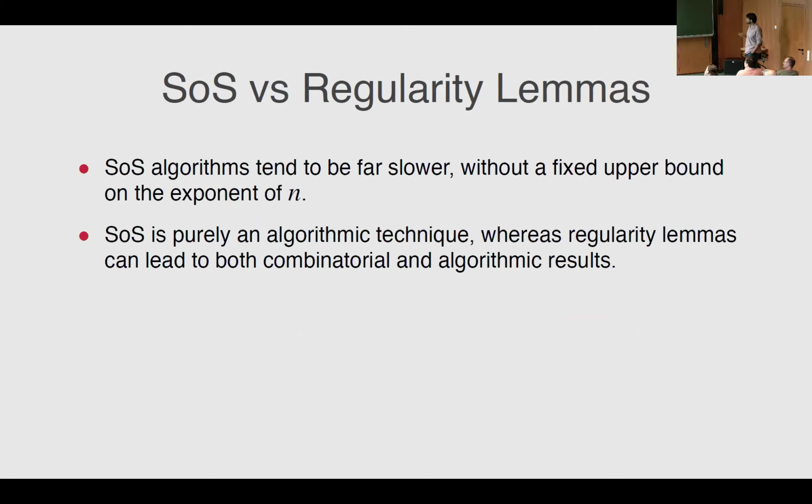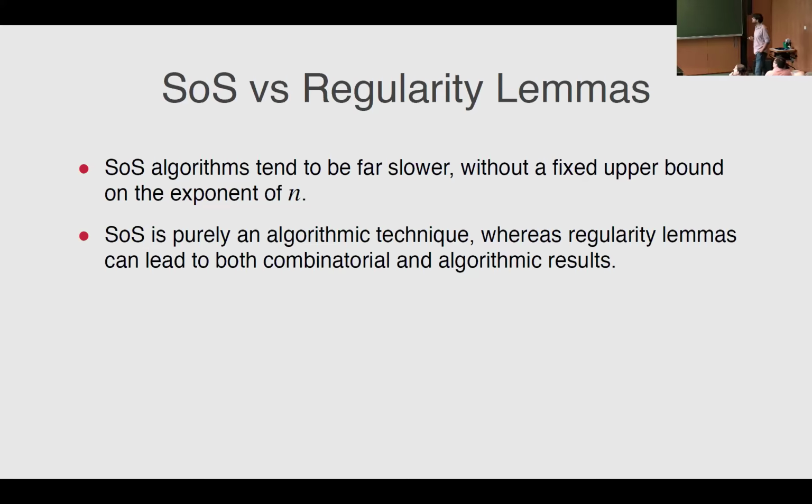SOS is mostly an algorithmic technique, but regularity lemmas can lead to both combinatorial and algorithmic results. If you're using SOS, that's only for the algorithms. But the regularity lemma seems to give results even for combinatorial. So does that mean that SOS algorithms use the combinatorial list decoding bound to get an algorithm version?